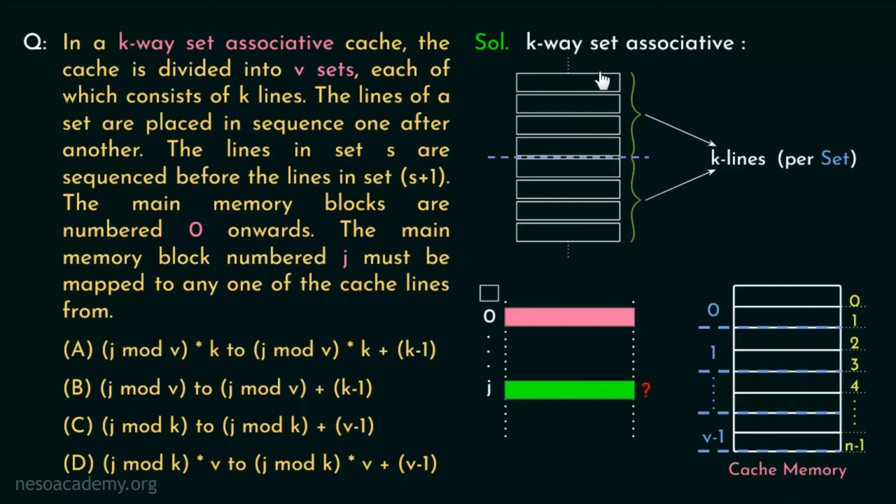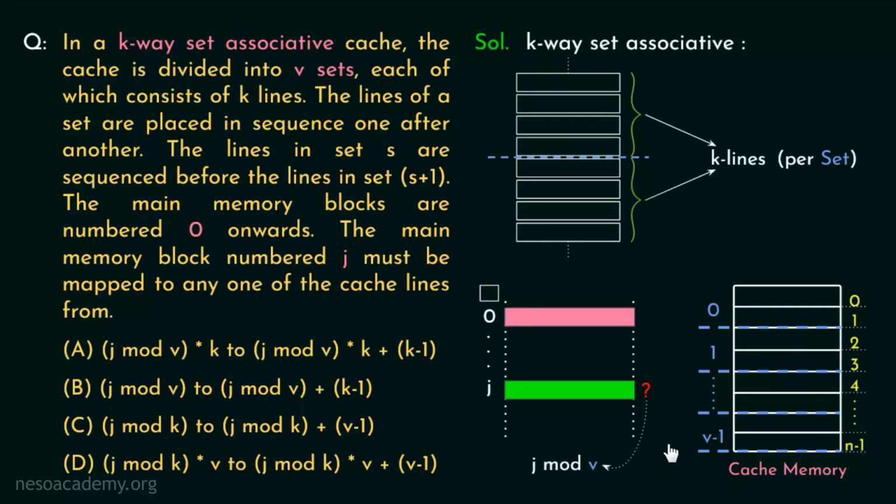Now during our discussion of the set associative memory mapping technique, we followed the mapping procedure, didn't we? And we found out in order to find out where a particular main memory block is going to be placed inside the cache memory, we need to divide the main memory block number by the total number of sets. Therefore, where this particular main memory block number J is going to be mapped onto this cache can be found out by performing J mod V, because V is the total number of sets inside the cache.